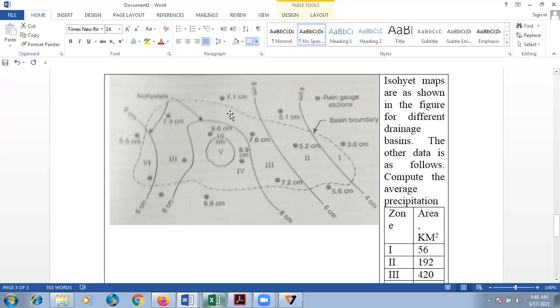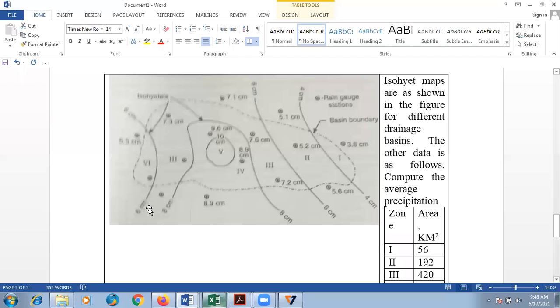So a big area, a major chunk of the area, right? Then between 6 and 4 centimeter, zone 2. And for all values less than 4 centimeter, zone 1. But in cases of this isohyetal method, if a problem statement is of this kind, you have to understand one thing.